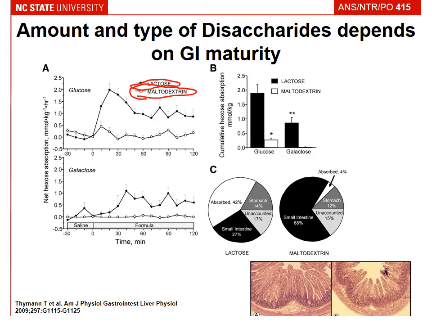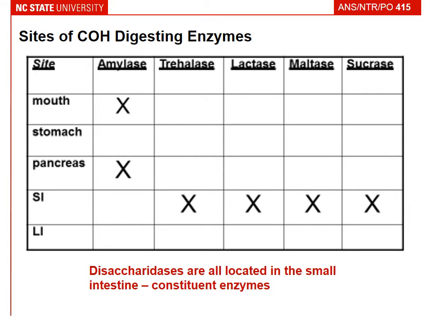We have a lot of microbes that are needed to break that down, so it's much more complicated for the animal. So this is just a summary of the carbohydrate digesting enzymes. So for the mouth, we have salivary amylase, and related to carbohydrate digestion, we don't really have any digesting enzymes that are being secreted.